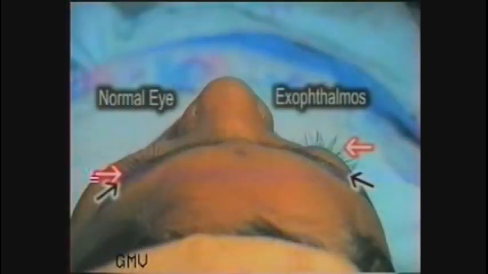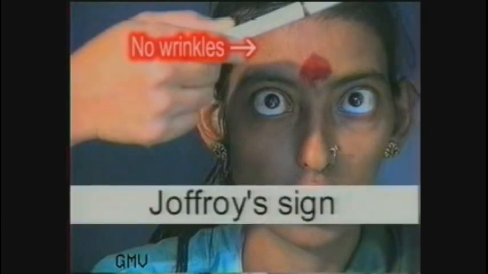Normally, the eyes do not project beyond the supraorbital ridges. Now ask the patient to look upwards with head tilted slightly downwards. Look for the transverse wrinkles over the forehead which are seen in a normal individual in this position. Absence of wrinkling of forehead in thyrotoxicosis is positive Geoffroy sign.